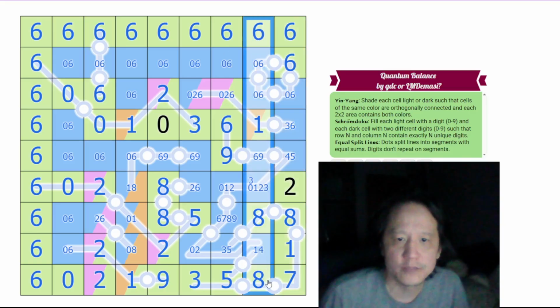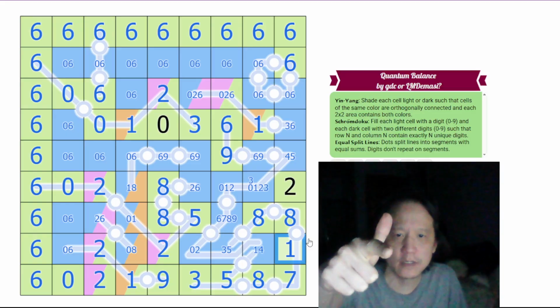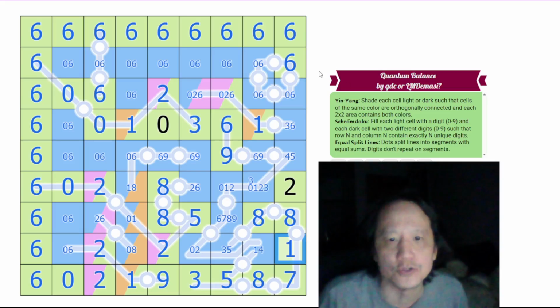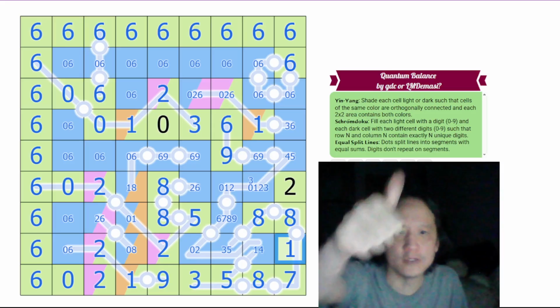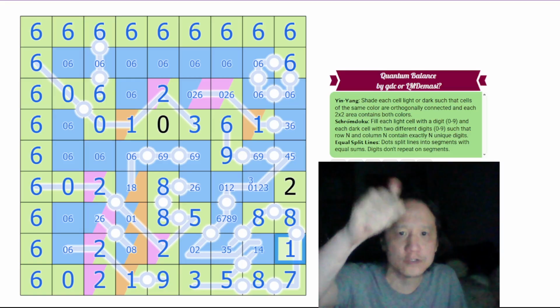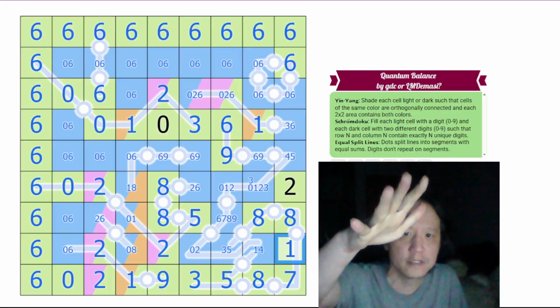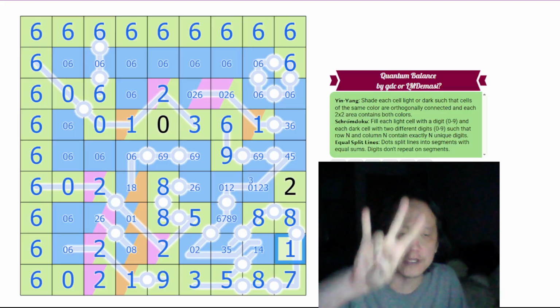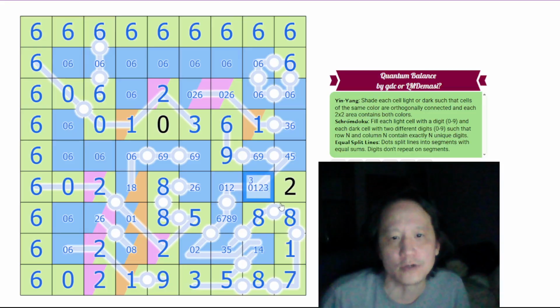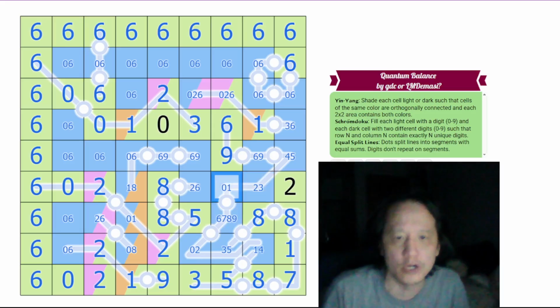Column 8: we have 0, 1, 3, 4, 6, 8, and 9 only is 7. So we have to have a 2 here. So this is guaranteed to be 2, which means this is guaranteed to be a 2, 3 pair. So this is 2 and 3, which means this is a 0, 1 pair.